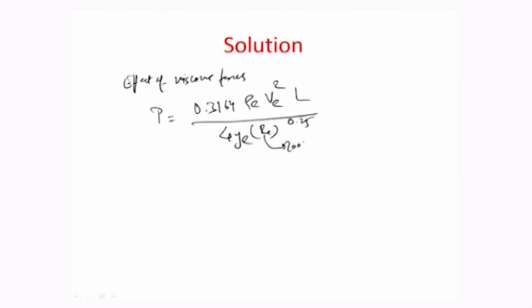RE here is about 7,000, and we have different values for the density of the electrolyte, the velocity of the electrolyte, the length across the electrodes which it moves, and of course, the equilibrium gap is 0.02 centimeters. So, the pressure which comes out in this particular case because of viscous forces is about 238 kilonewton per meter square.